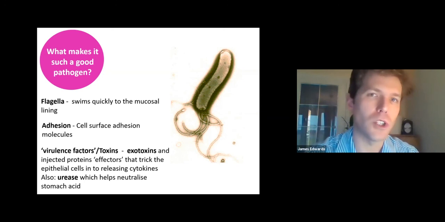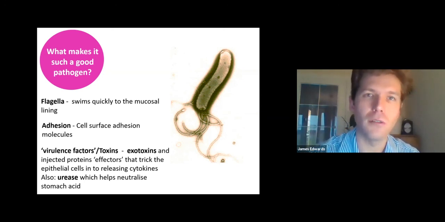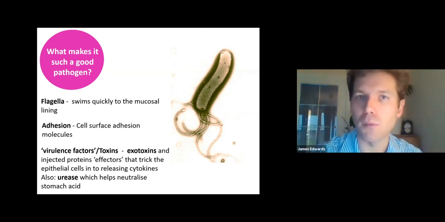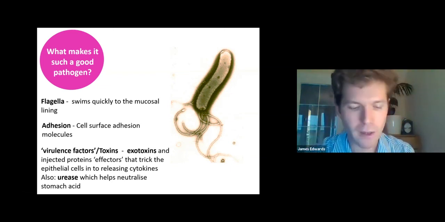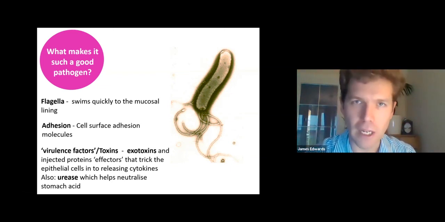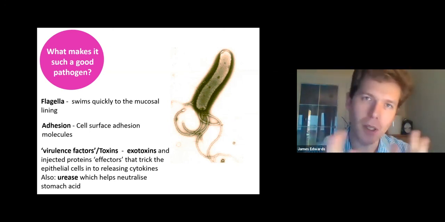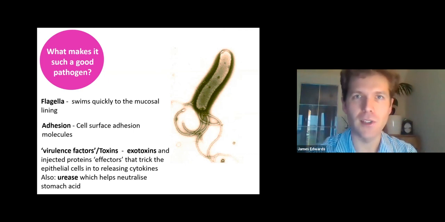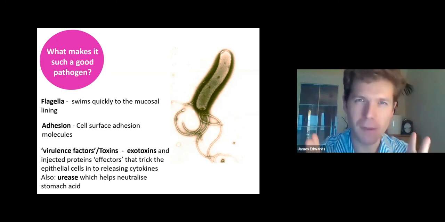But the CO2 that's produced can be detected, and there are various breath tests you can use. So rather than using an endoscopy, you can use a breath test looking for the CO2 released specifically from the bacteria. How we do that is using a special type of radio-labeled carbon, and that's a conversation for another day. But these are a few specific features that have allowed it to grow and live as a specialist pathogen within the stomach.